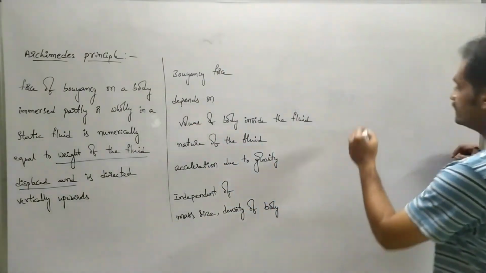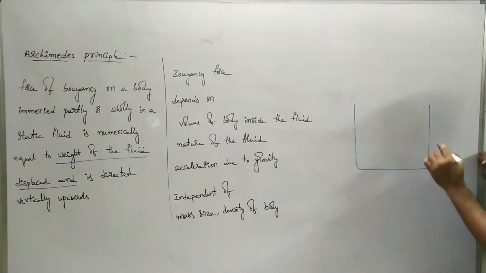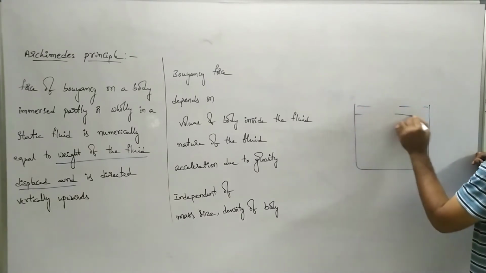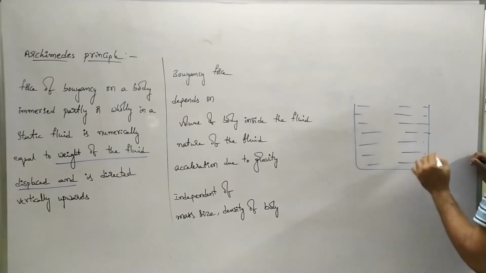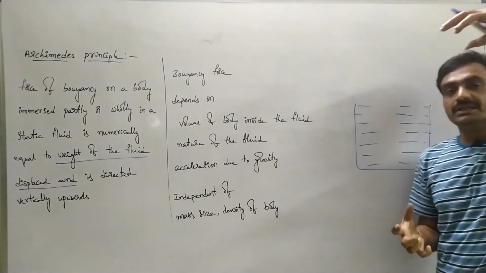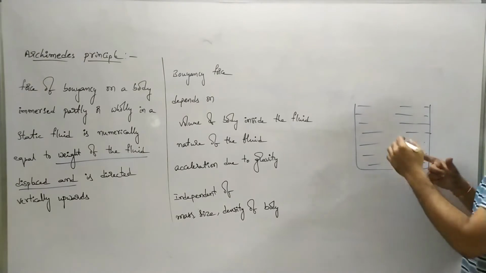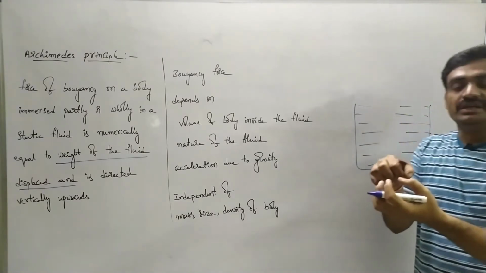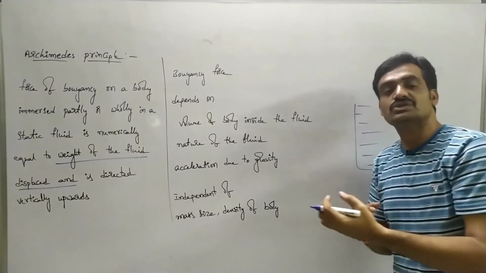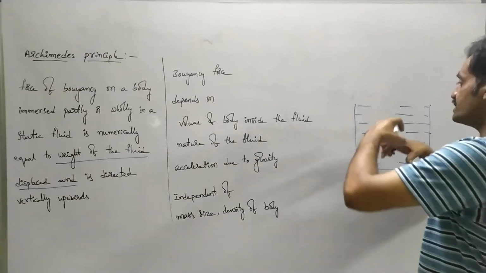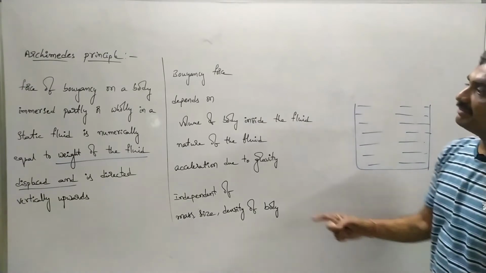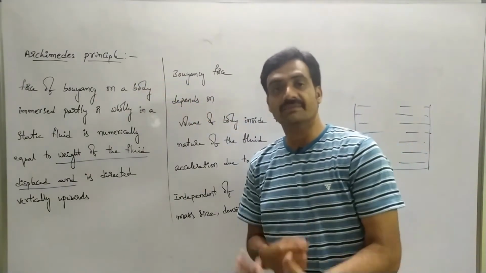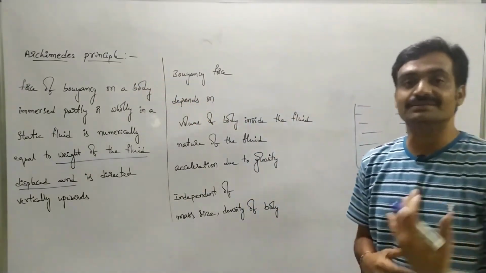So here we consider a container which is completely filled with the fluid. When I dip a solid body within the fluid, the weight of the body will be equal to the amount of fluid which has flown away from this container. That was explained by Archimedes in order to find the purity of the gold, which was asked by the king.